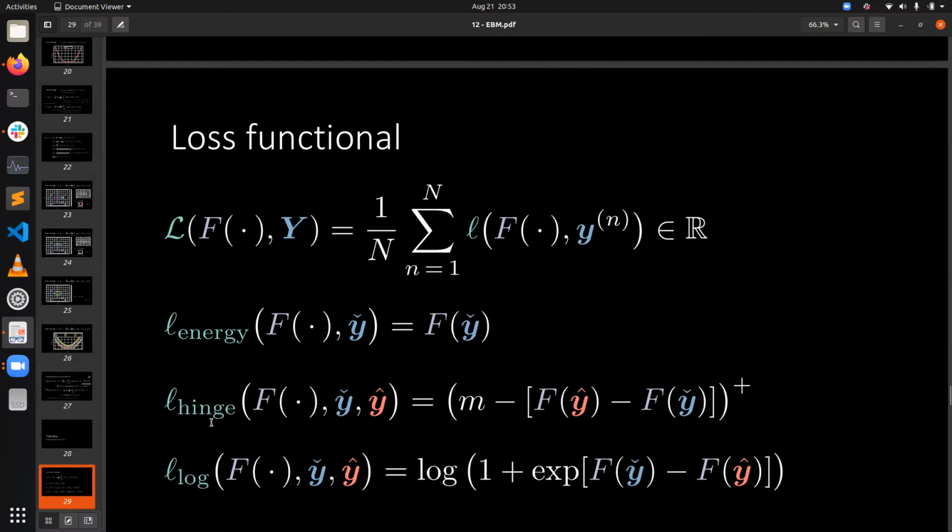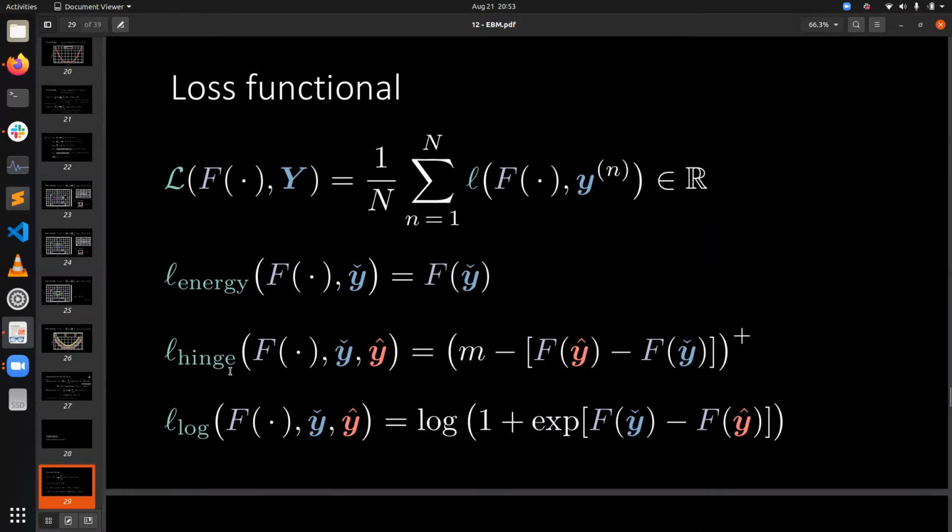And then you have the hinge loss. Hinge loss is the contrastive method, where you have one point which is the actual data point, where you want to suppress the energy, and then you have a contrastive point which is not part of your data points, where you want to increase the energy. This is what the hinge loss looks like.